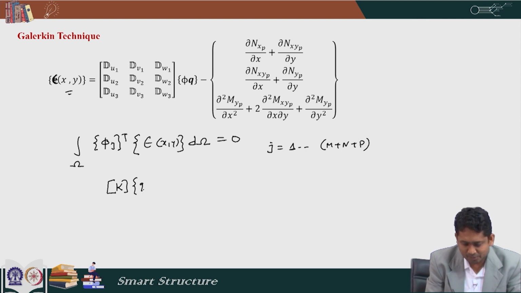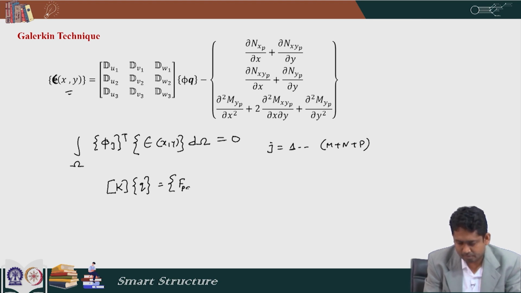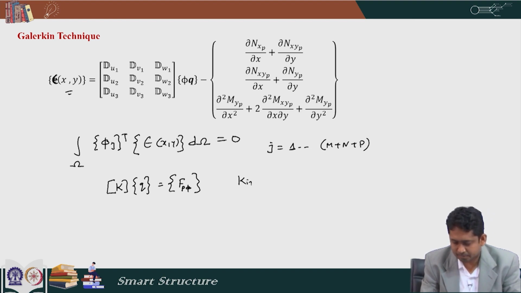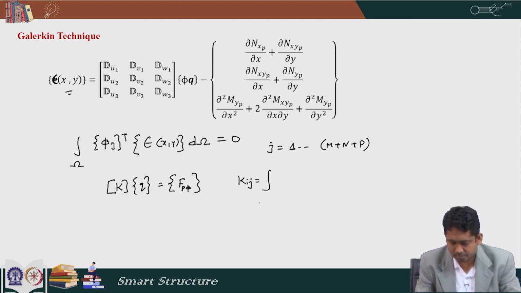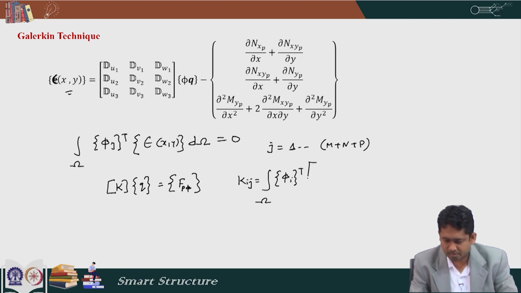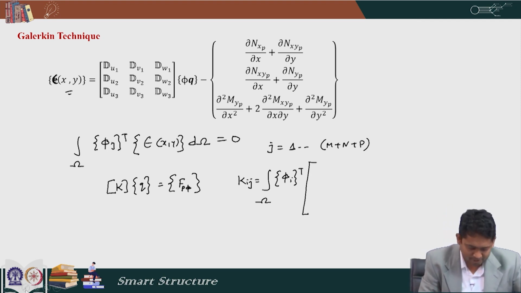following the same procedure that we did for the two one dimensional cases, we get similar kind of matrices and vectors. So, here our k i j is phi i transpose, and then we have that operator matrix which we already defined in a much shorter form.